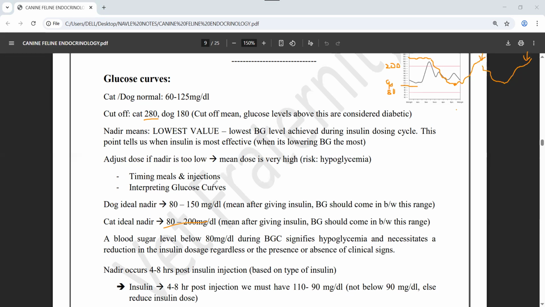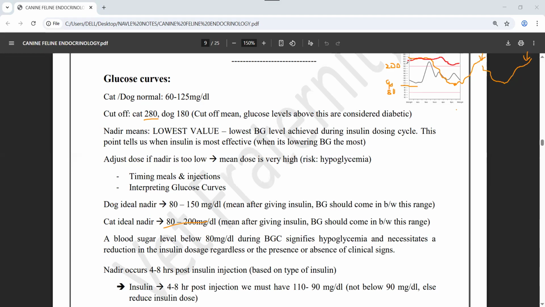But there are two things over here. If you have given the insulin, and it lowers the glucose but it does not come below 200, it means you are giving a very low dose, so increase your dose.